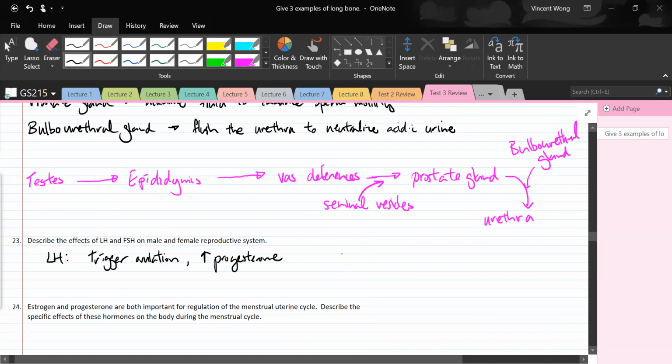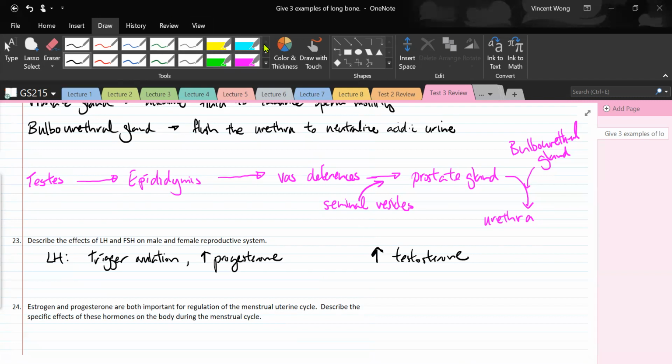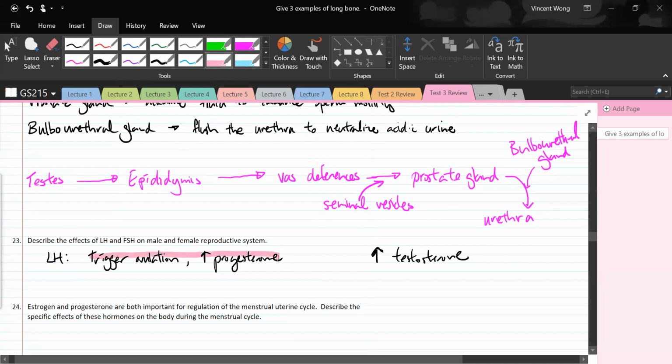That's for female, and for male, it is going to increase testosterone.